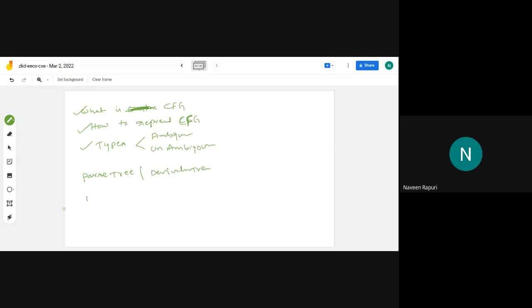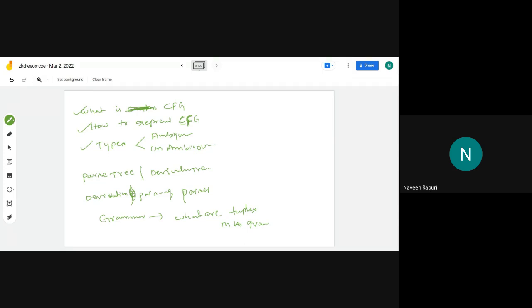We discussed what is derivation, what is parsing, and what is a parser, and all these things, sir. And we discussed what is grammar, types of grammar, and what are the tuples in the grammar. So these are the terminology I discussed in today's class, sir.